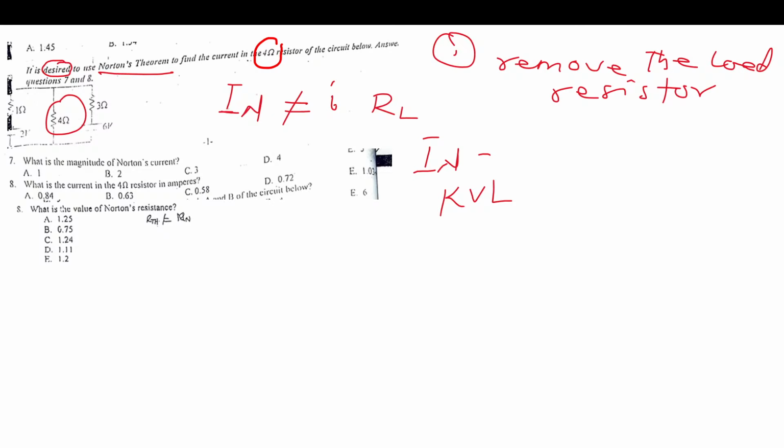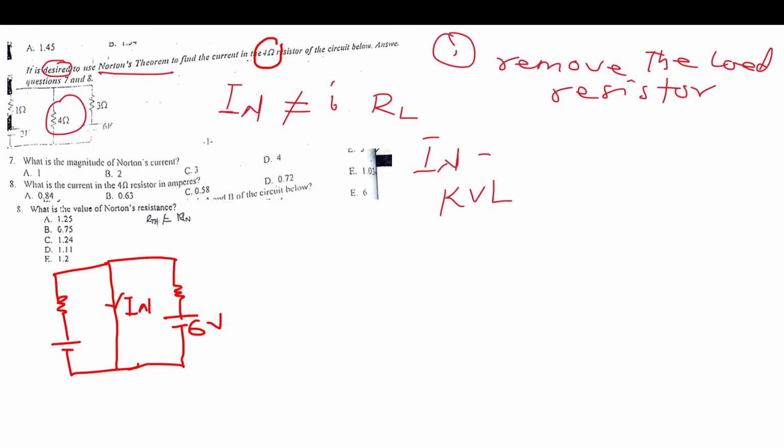So the first step says that we should keep everything intact, but this one we should replace with IN, that is the Norton's current. So I'm going to keep my 3 ohm resistor intact again, and then the 6V also intact.